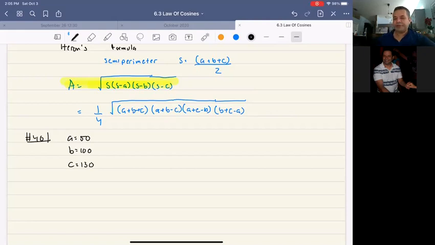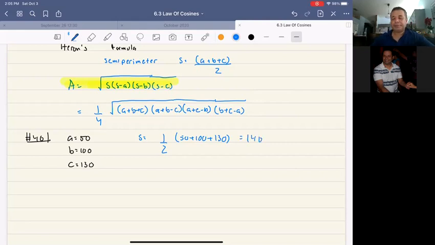We're just going to find the area, so we have to find the semi-perimeter. S equals 1/2 times 50 plus 100 plus 130. So what's that? 90, I think. Nope. 140.